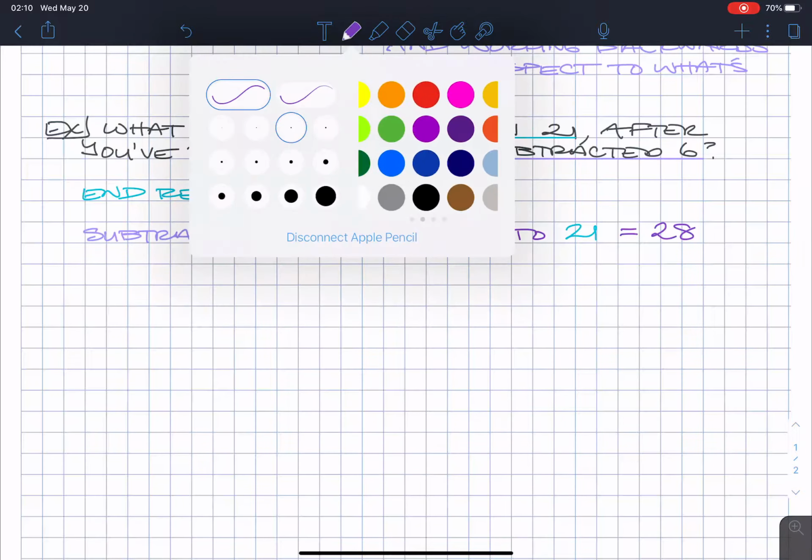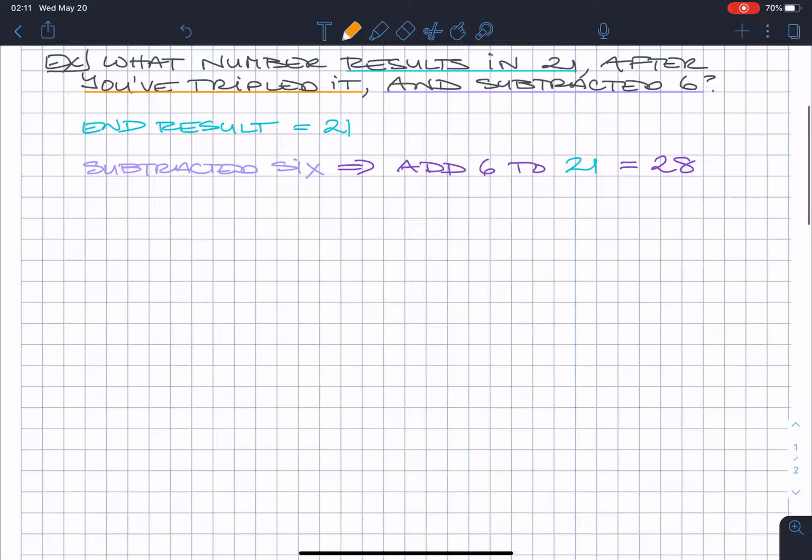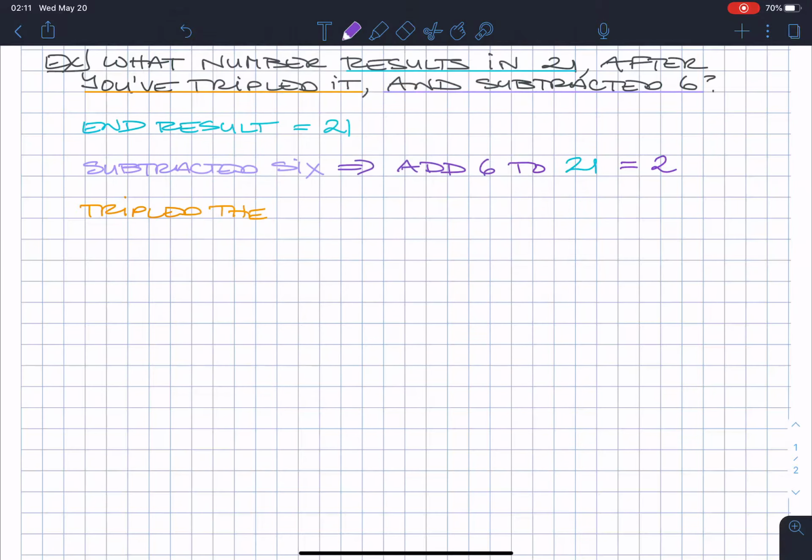What's the next step working backwards? I've tripled the number. Oh, wait. 6 and 21 is 27. Oh boy. Addition, not my strong suit. Okay, so 27. I was like, that's not a multiple of 3. Anyways, it's a good thing I caught myself.